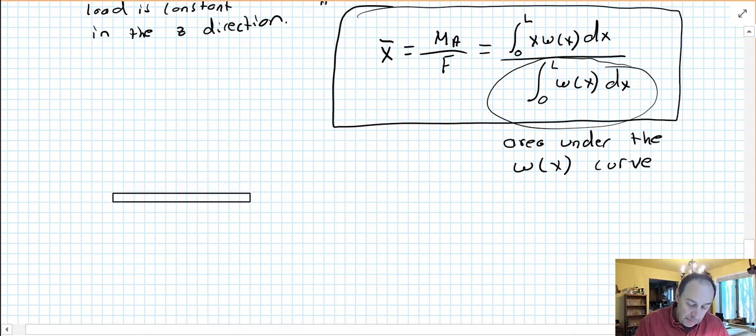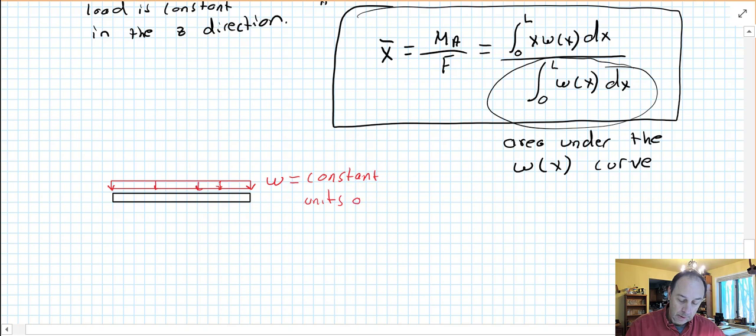Right, so here's our beam, here's our constant load. All right, so I'm just going to draw a couple arrows. All right, so this is W equals a constant in units of typically pounds per feet or newtons per meter.